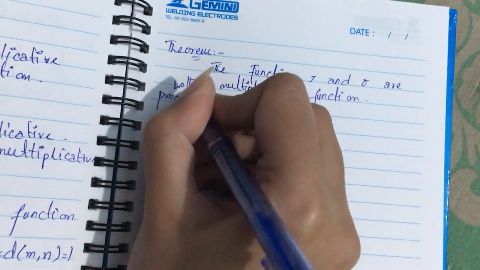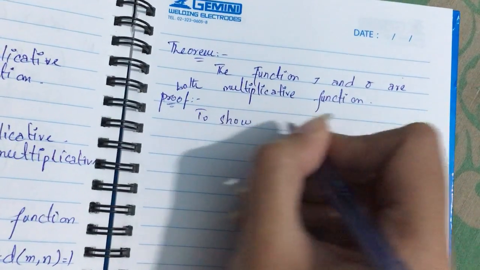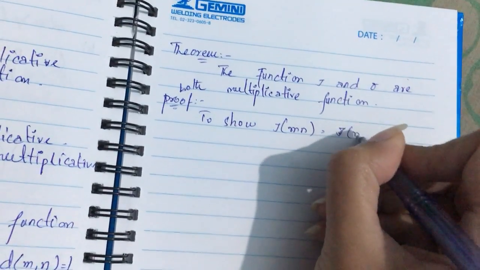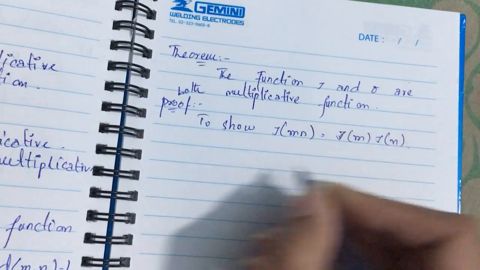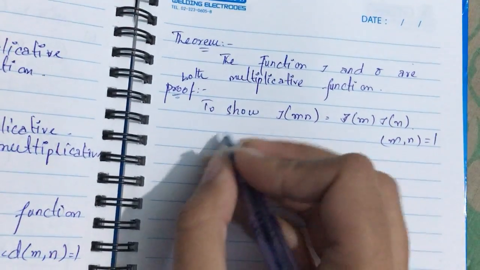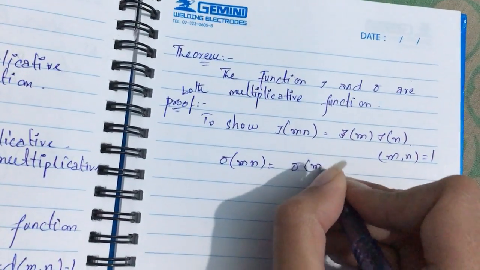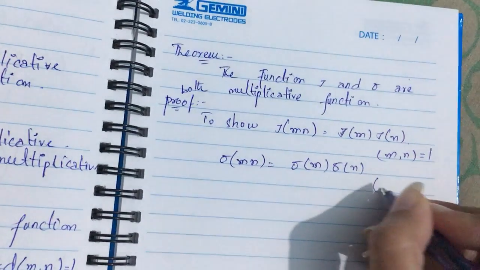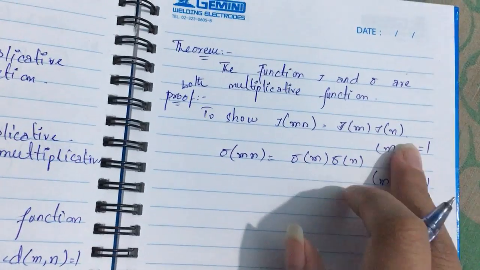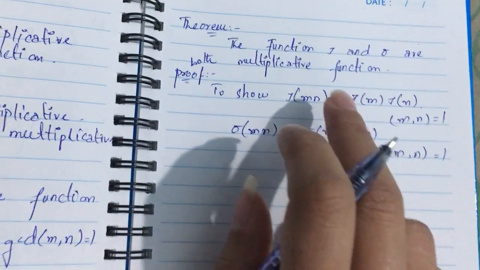The proof of this theorem is that we have to show that tau of mn equals tau of m times tau of n, where the GCD of m and n is equal to 1. And the second thing is that sigma of mn equals sigma of m times sigma of n when the GCD of m and n is 1. So these are the conditions when the GCD is 1, and I can write it in the multiplicative form.